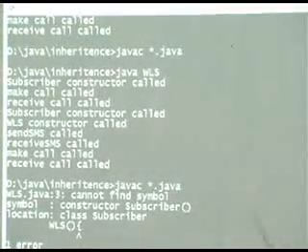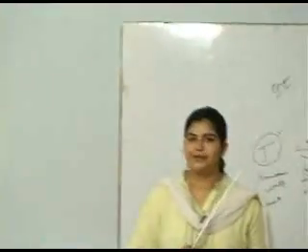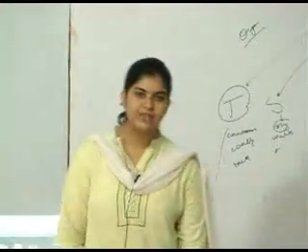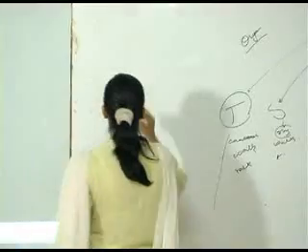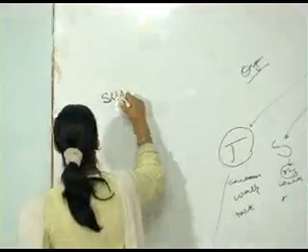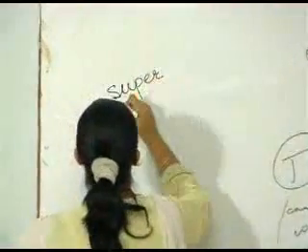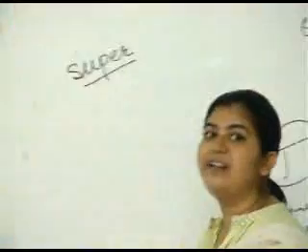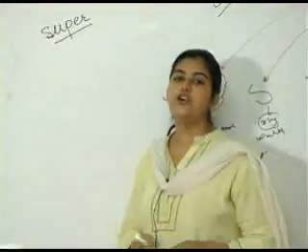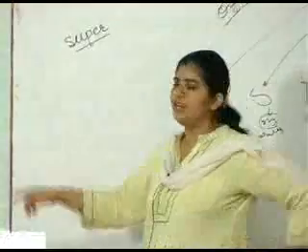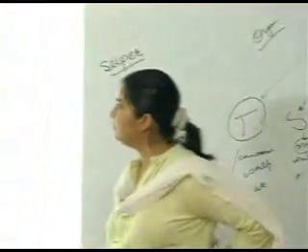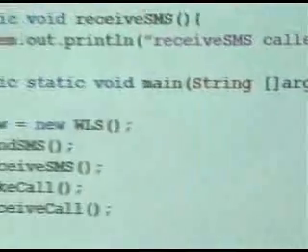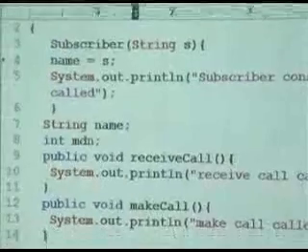Here comes the keyword super. There is another keyword in your Java dictionary which is called super. What does this super mean? Super is nothing but a reference variable for your base class. If you could just make a note, go to Subscriber or write it in the notes form.